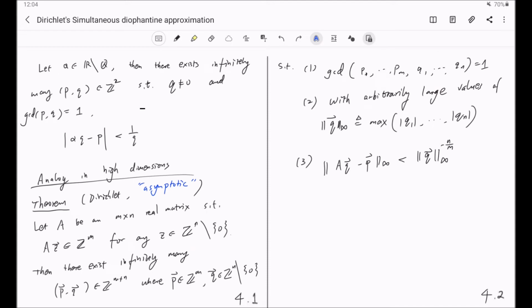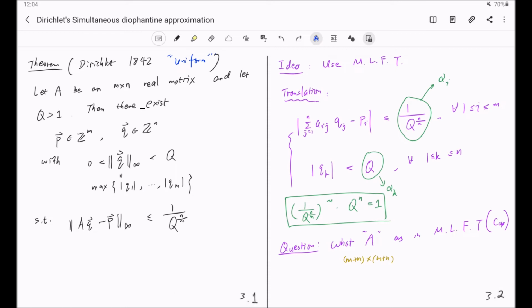In the statement of the asymptotic version of Dirichlet's approximation theorem, we don't need less than or equal to in here, but the uniform version we proved above really states that, so this is less than or equal to 1 over Q raised to the power n over m.